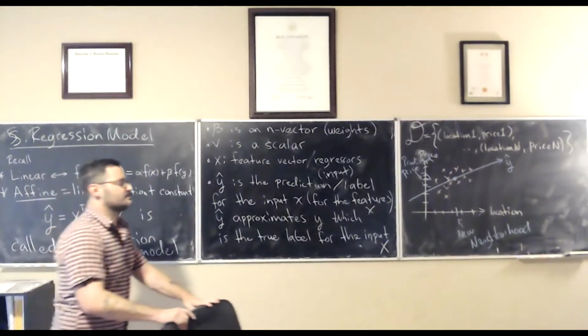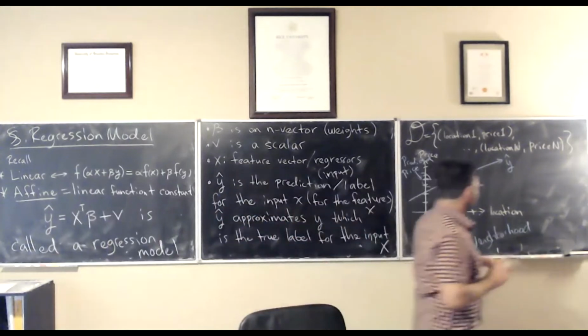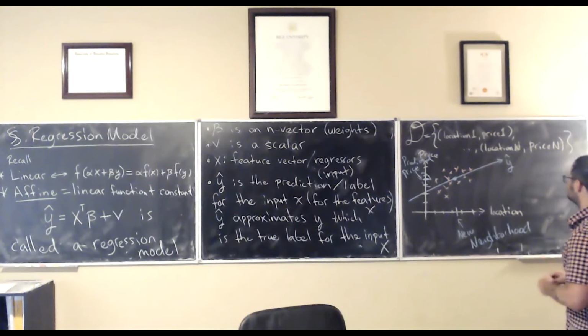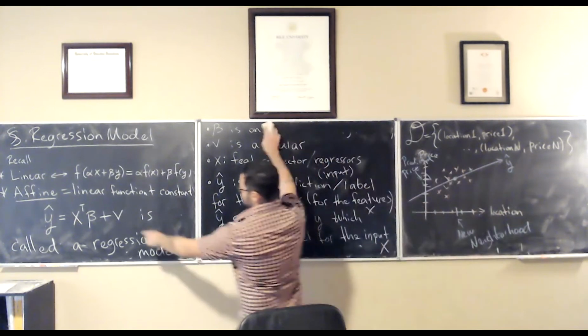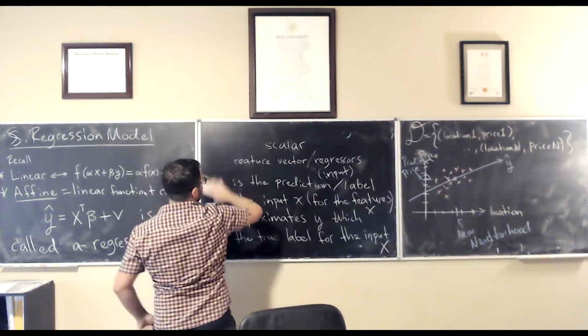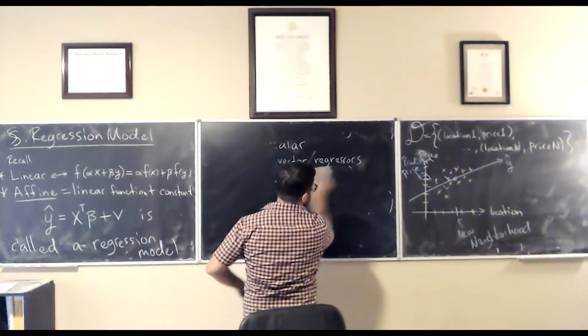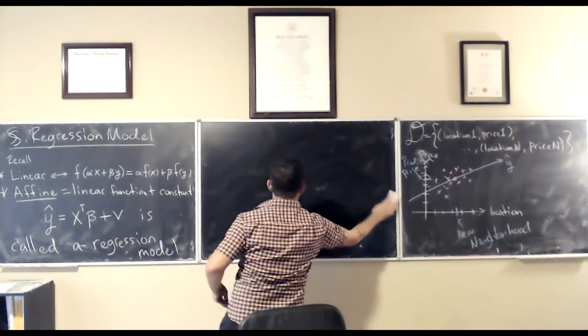Well, before we do that, I should probably make note of a few things that your textbook doesn't mention. So finding this line, this regression model, what are the things that we need to find in order to fit that model?